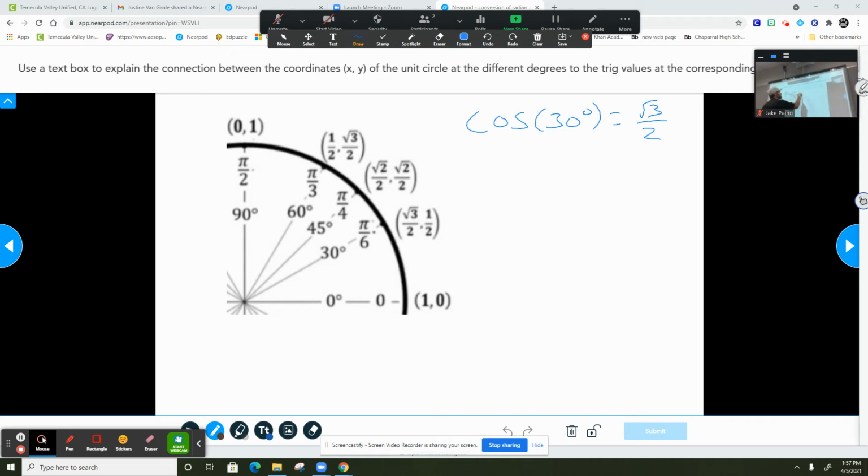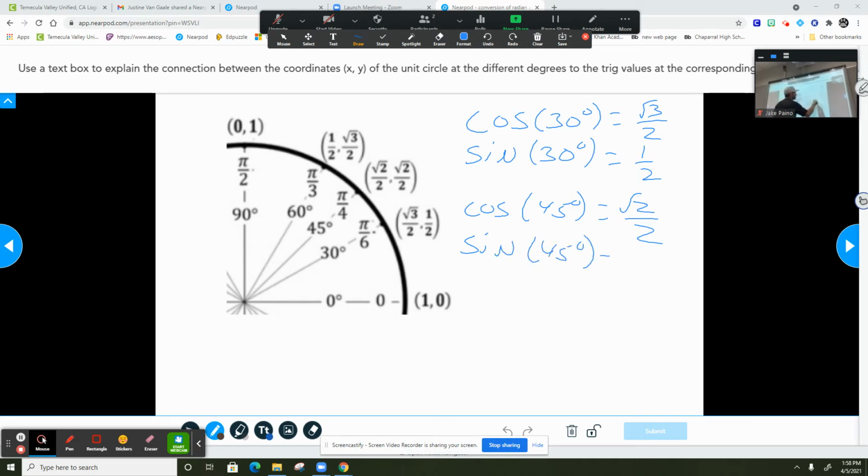If I asked you what sine of 30 degrees was, it was always 1/2. Cosine of 45 degrees was rad 2 over 2. Sine of 45 degrees was also rad 2 over 2. And then cosine of 60 degrees every single time was 1/2. And sine of 60 degrees every single time was rad 3 over 2.